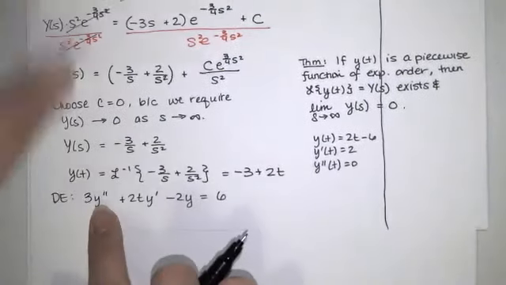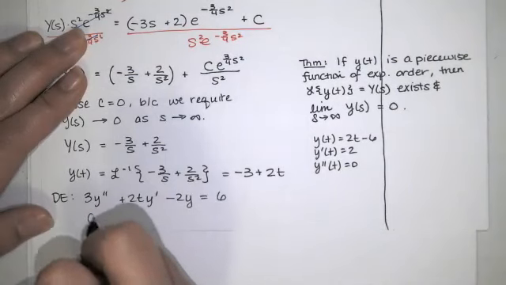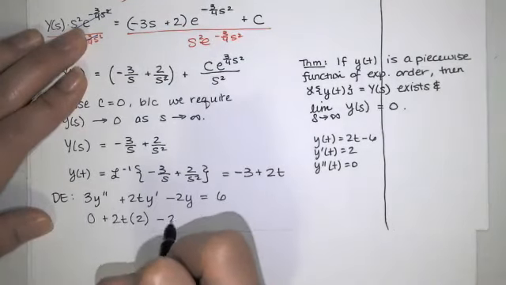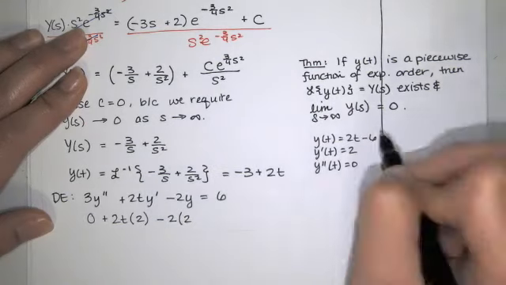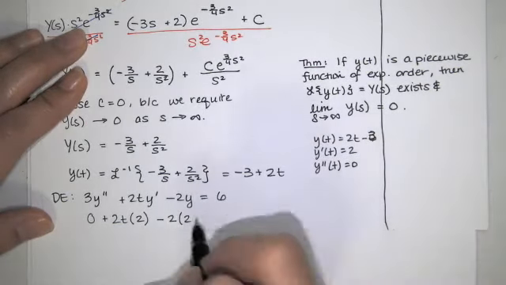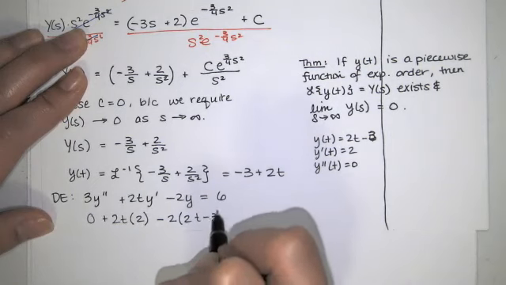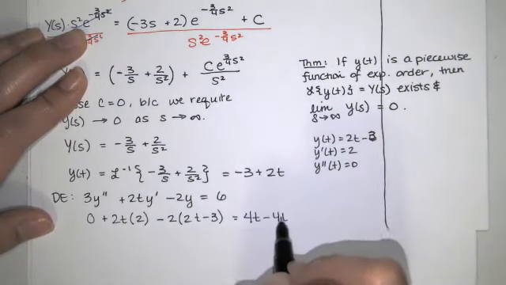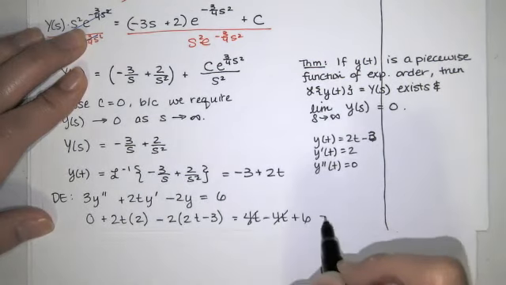So we'll have 3 times 0 plus 2t times y prime, which is 2, minus 2 times y. That's going to give me 4t minus 4t plus 6, which is 6.